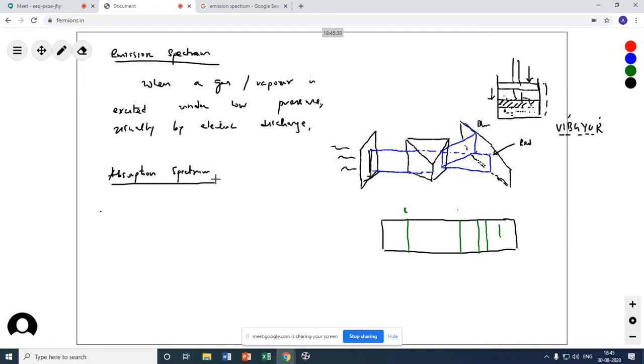Absorption spectrum. When white light passes through a gas, the transmitted light, when observed using a spectrometer, is found to have certain dark lines, that is, certain frequencies or wavelengths are missing.